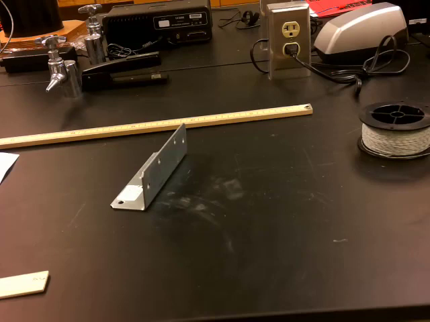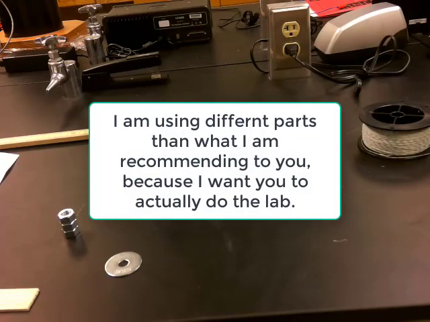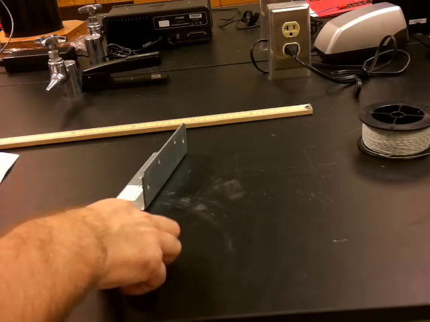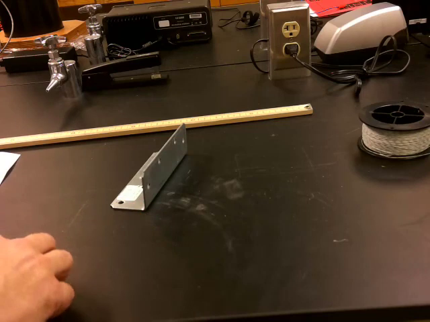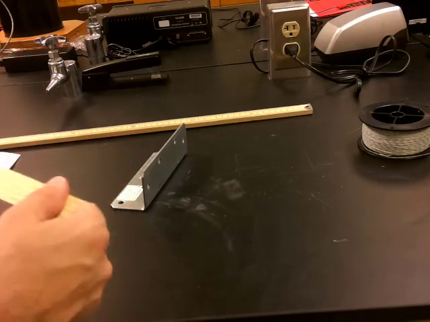You need a second mystery weight of some larger unknown mass. I don't want you to be able to just write down the numbers that I've obtained and say I did the lab. You need to do the lab yourself. So I've given you the parts to find them. They are not the same things that I'm using today for that reason.